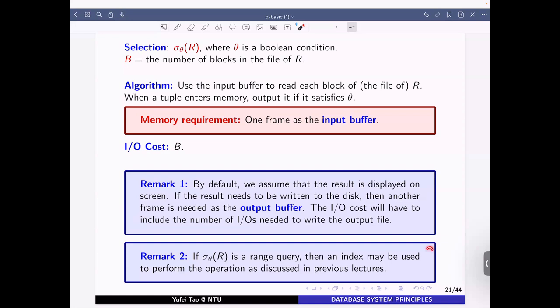Another remark is that this is the full scan algorithm. Let's not forget that sometimes we're able to utilize an index to accelerate the process. This goes back to our discussion 2 lectures ago, when I showed you how to use indexes to answer range queries and point queries.